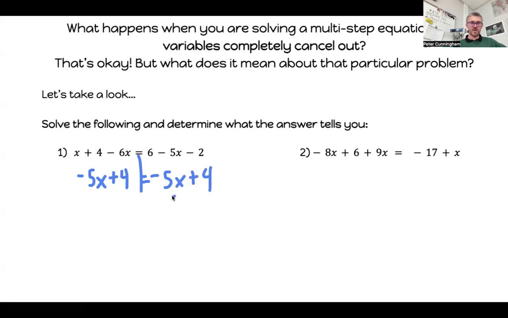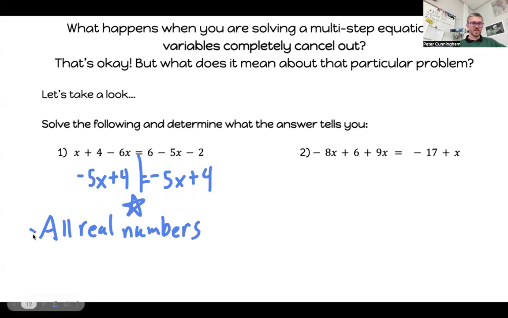Now, if these expressions are the same on both sides, we should stop right there and see. This means you have all real numbers. That's one way to say it. You could also say infinite solutions. Because no matter what number you plug in there, it's always going to work.